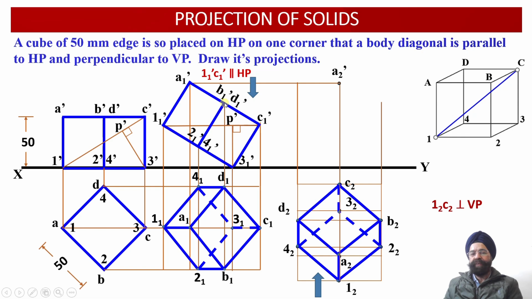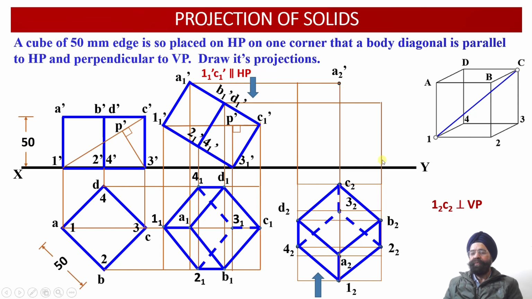Now the next point which is available with us is B1 dash and D1 dash. So now through B1 dash and D1 dash, we have drawn a horizontal projector line. So wherever this horizontal projector line intersects with the vertical projector lines which are emerging through the points B2 and D2 from the top view, we are going to obtain the points B2 dash and D2 dash. So please check, this is point B2.